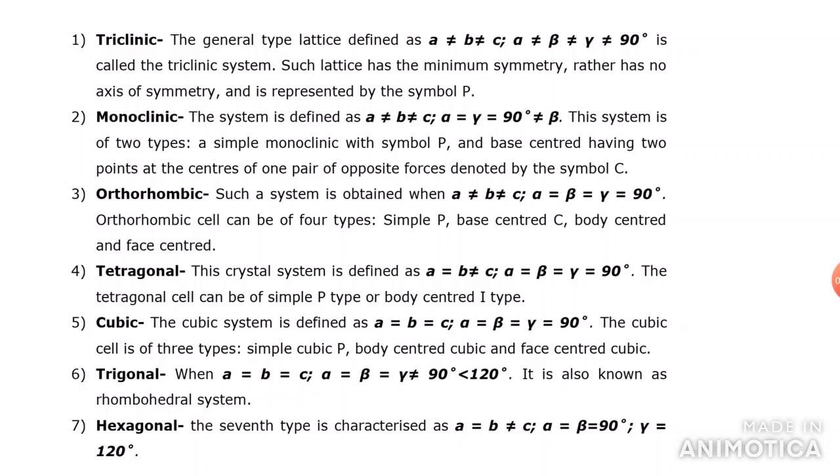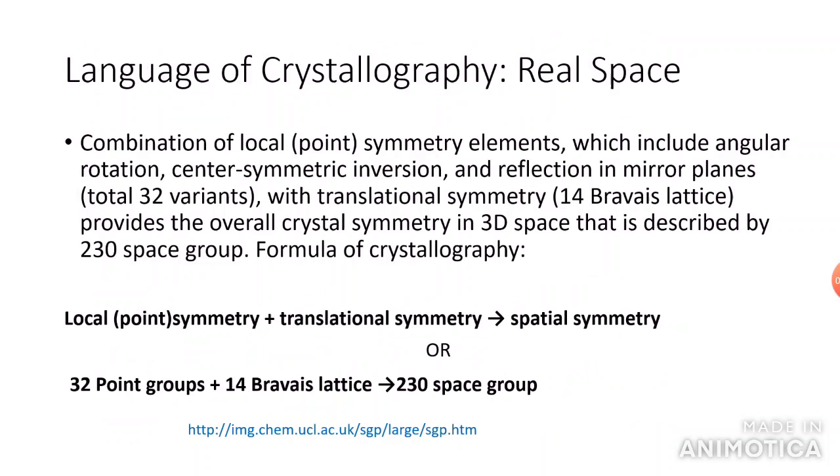Then trigonal and hexagonal. Now, a combination of local point symmetry elements, which include angular rotations, center symmetric inversions and reflection in mirror planes, gives 32 variants in total. With translation symmetry, that is basically 14 Bravais lattices, this provides the overall crystal symmetry in 3D space, described by 230 space groups.